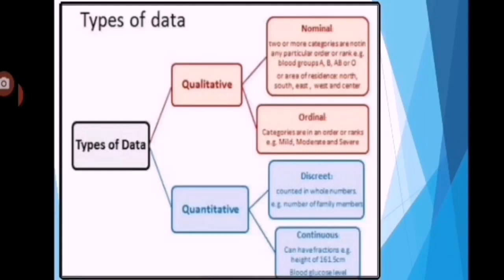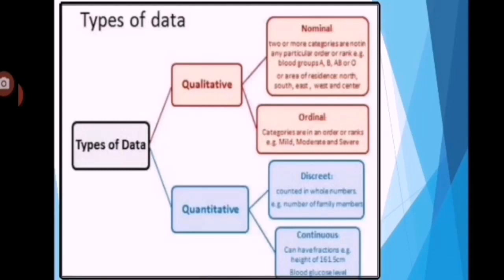Regarding the nominal data, it has two or more categories that are not in any particular order or rank. For example, blood groups: A group, B group, AB or O positive. And ordinal data categories are in order or rank. For example, mild, moderate.